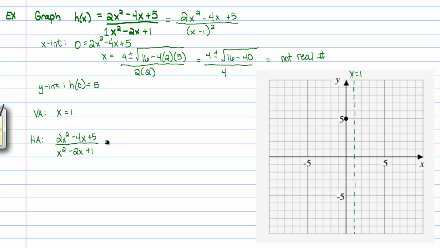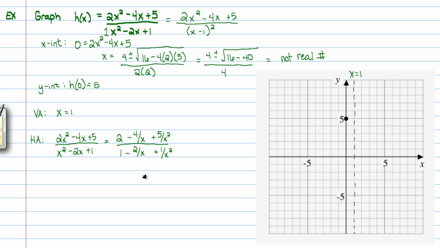If I divide both top and bottom by x squared, you'll get 2 minus 4 over x plus 5 over x squared. Denominator, you can do the same thing. Divide everything by x squared, you'll get 1 minus 2 over x plus 1 over x squared.